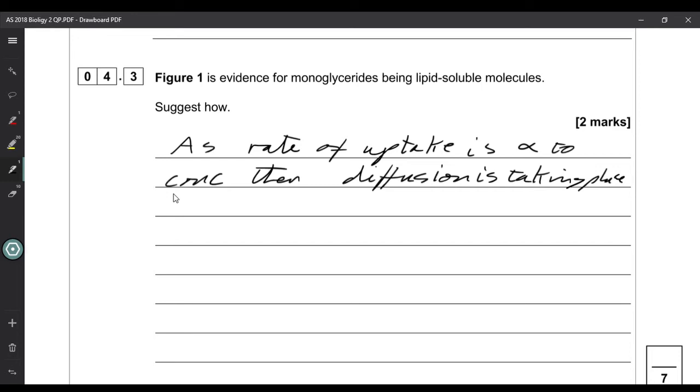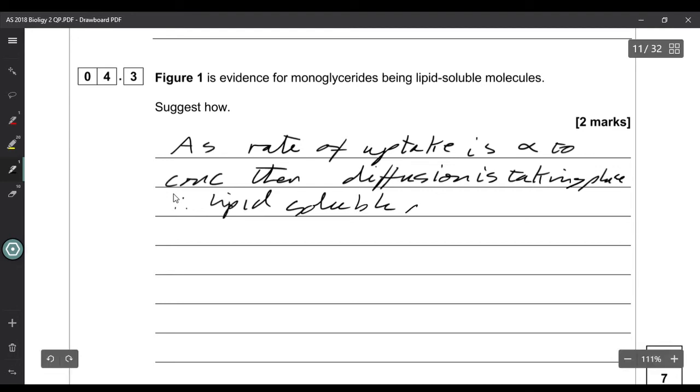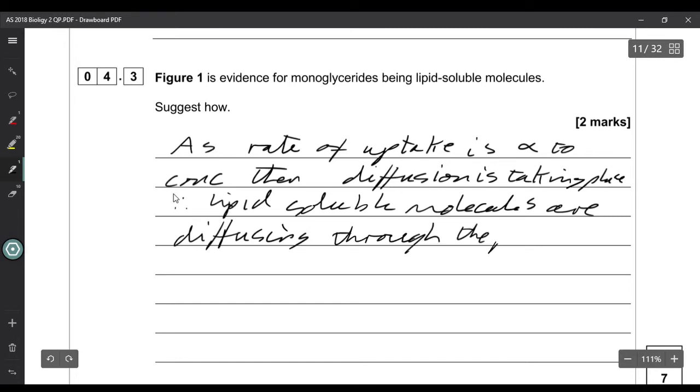So therefore, the lipid molecules are diffusing through the phospholipid bilayer.